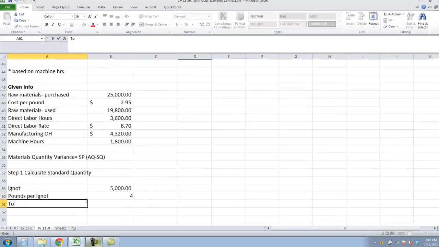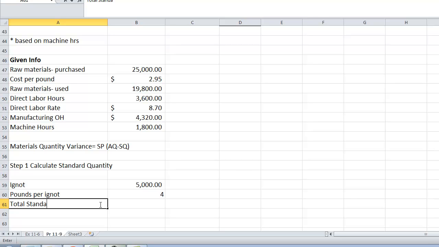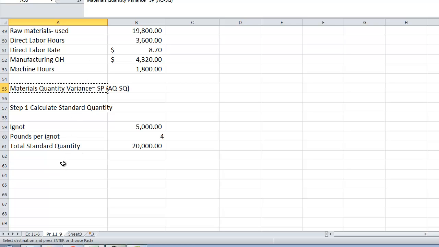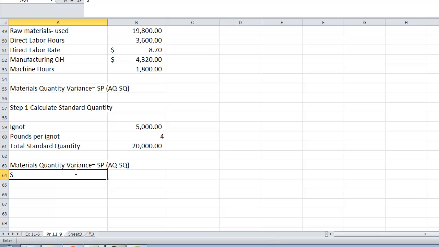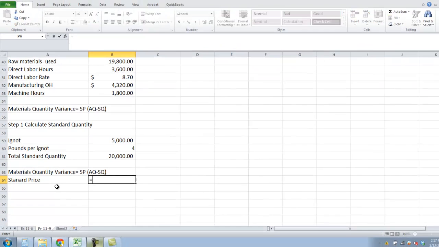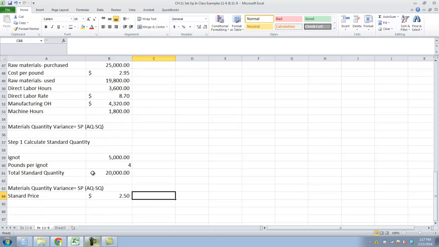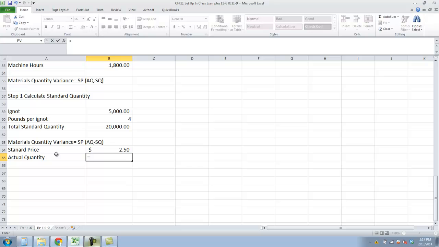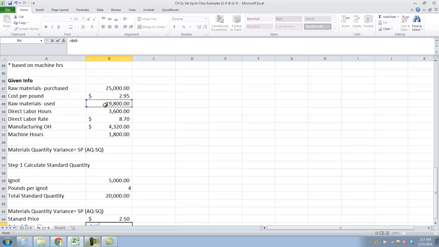Alright, so we get our total standard quantity. We multiply these two, the 5,000 units times the 4 pounds per unit. So we have standard price, and our standard price is $2.50 a pound. We have actual quantity, which is 19,800.